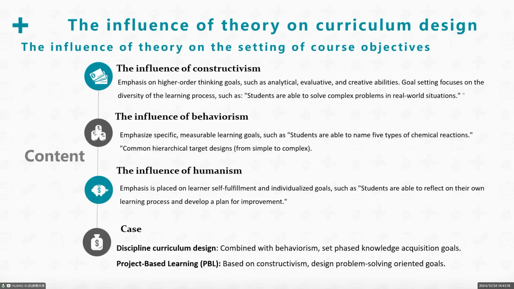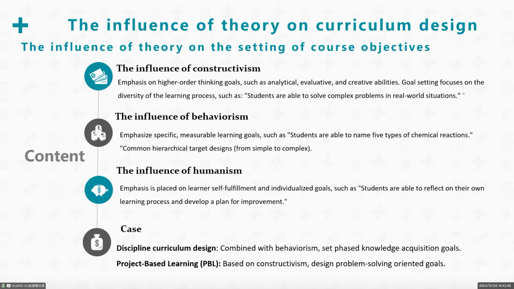Next is the influence of theory on curriculum. First is the influence of theory on the setting of course objectives. The influence of constructivism emphasizes higher-order thinking goals, such as analytical, evaluative, and creative abilities.